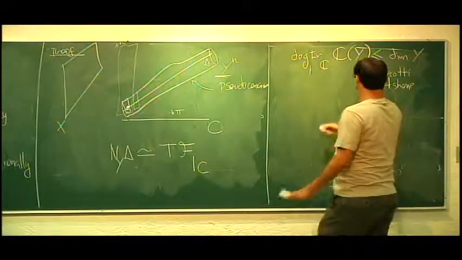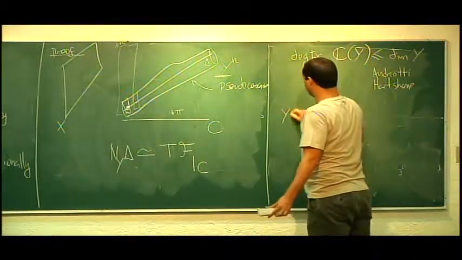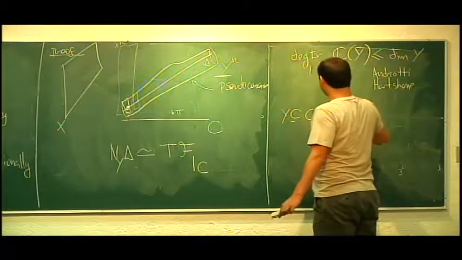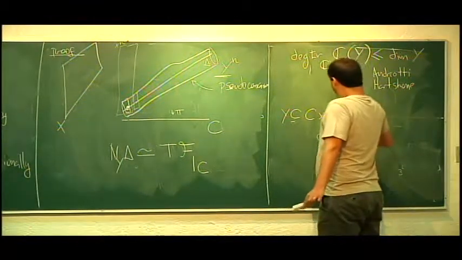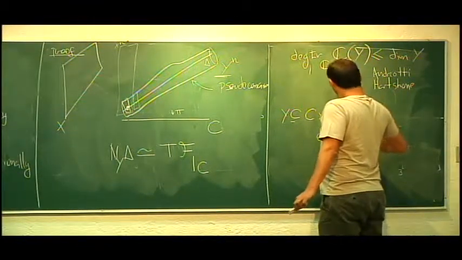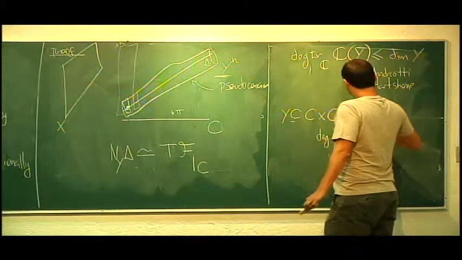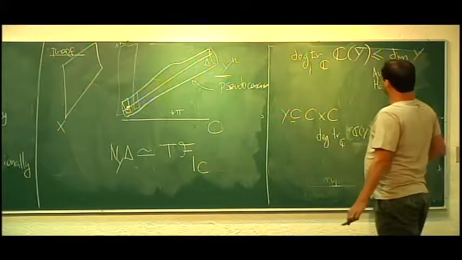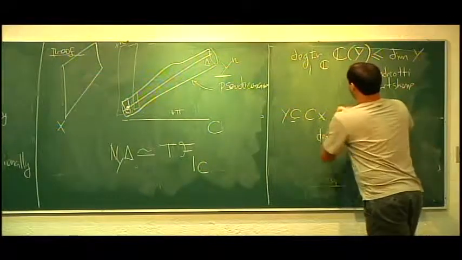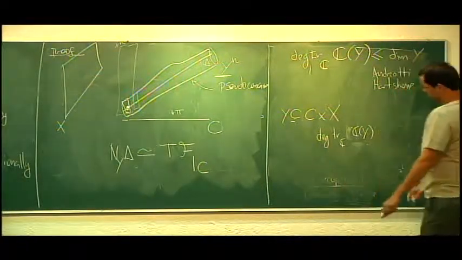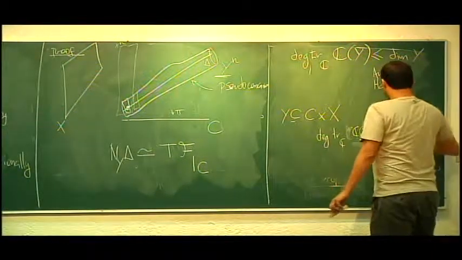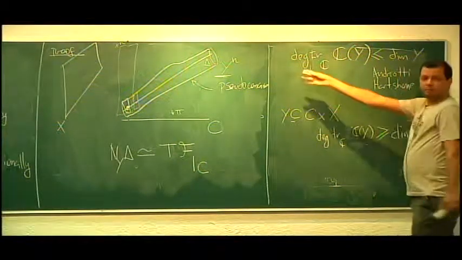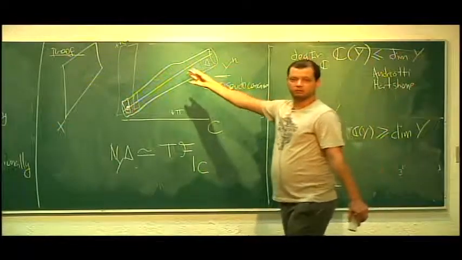And on the other hand, since Y is contained in C times X, the degree of transcendence over C is at least the dimension, because I have a bunch of meromorphic functions here.